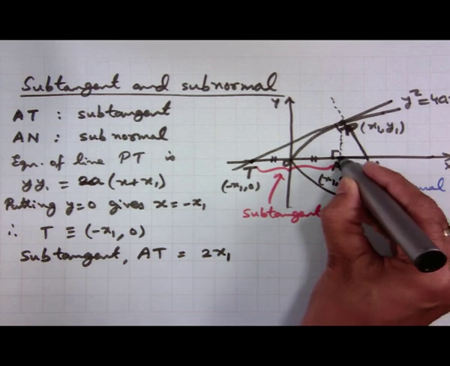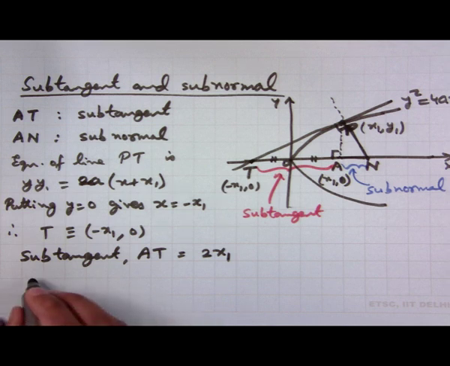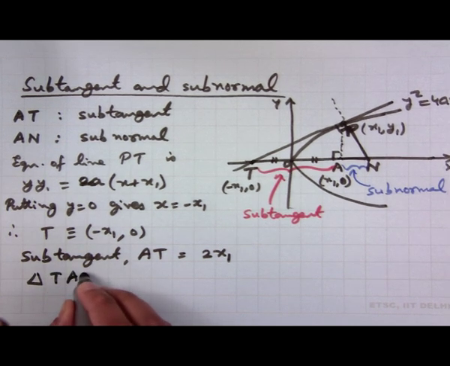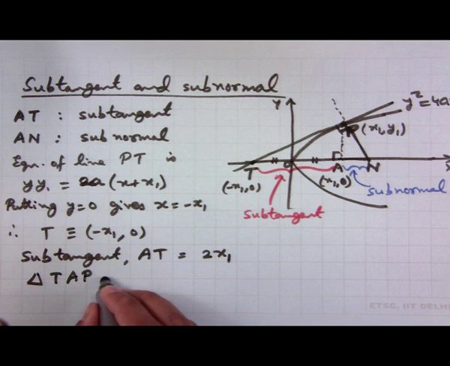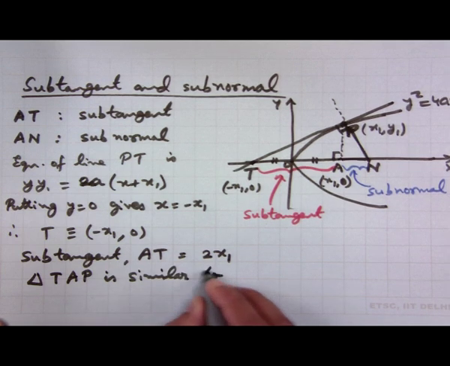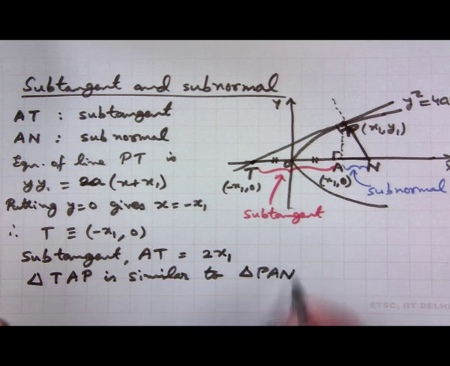So, to find this subnormal, note that this triangle TAP is similar to triangle PAN. Why is this?